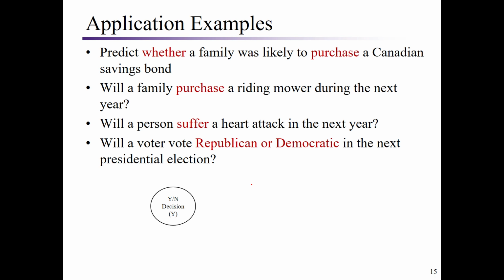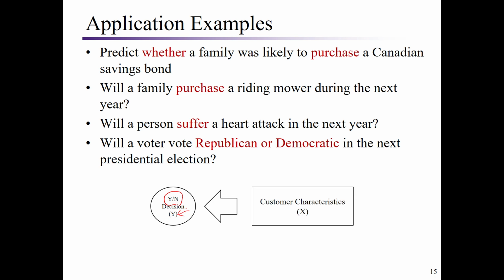So in many cases, we make a decision of yes or no. Especially we focus on yes, and our decision is affected by our characteristics, or the consumer decision is affected by customers' characteristics.